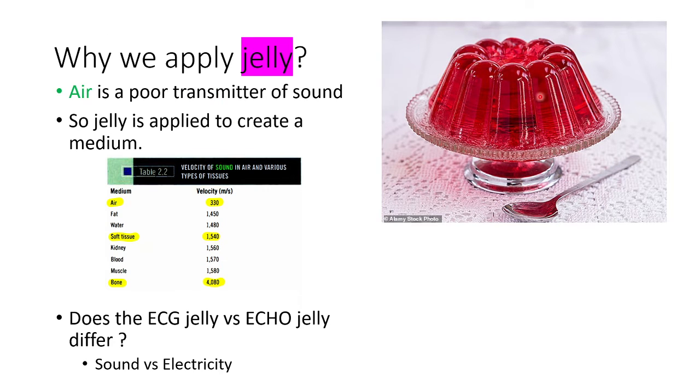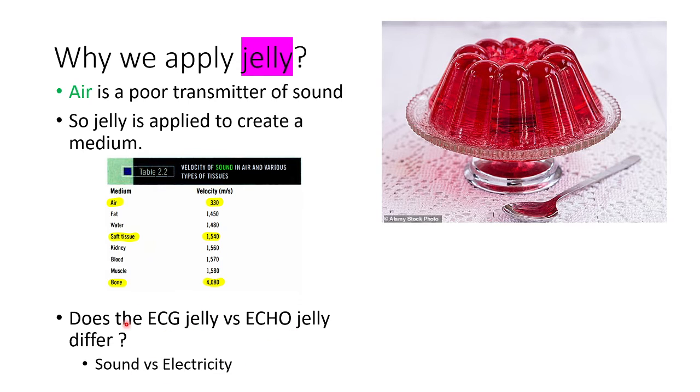Mind you, this is not the jelly that we apply for echo. This is the jelly that we have for it. So the question is whether we can use an ECG jelly for doing an echo. I'm not sure about that, but generally, if you are filling that space with anything other than air, it may work.